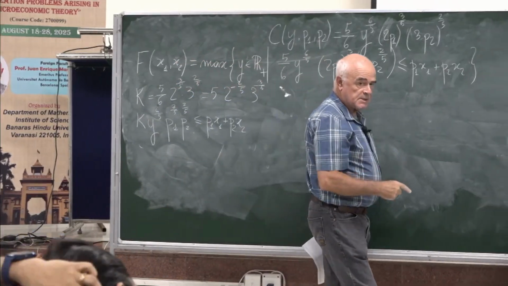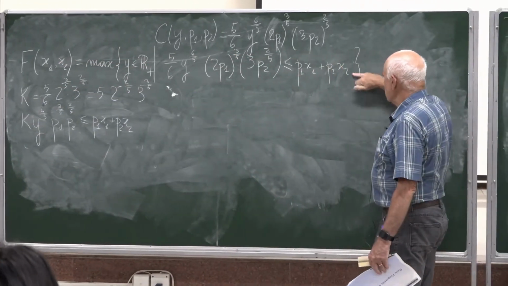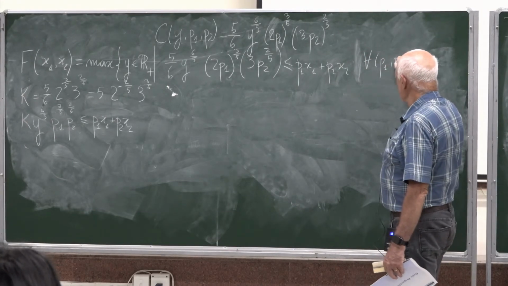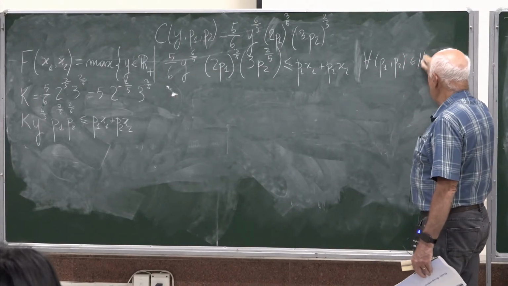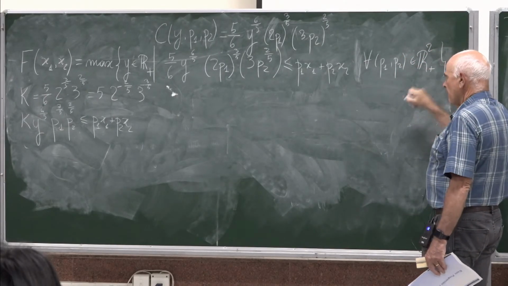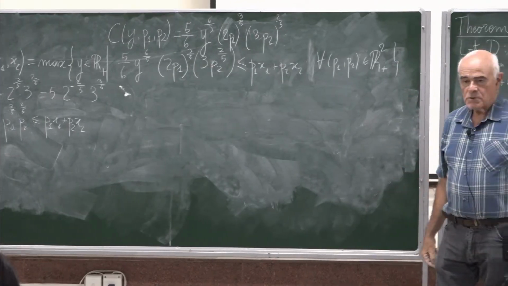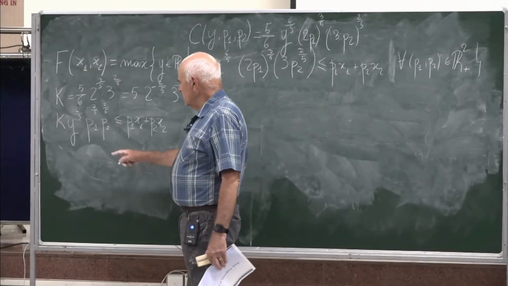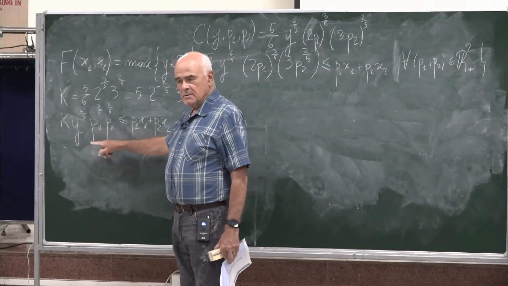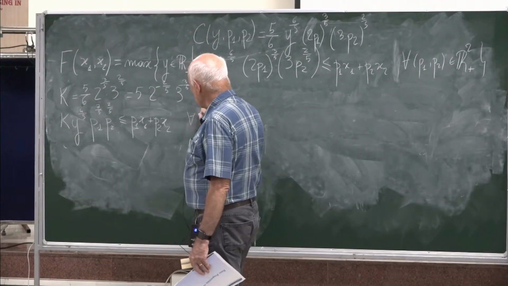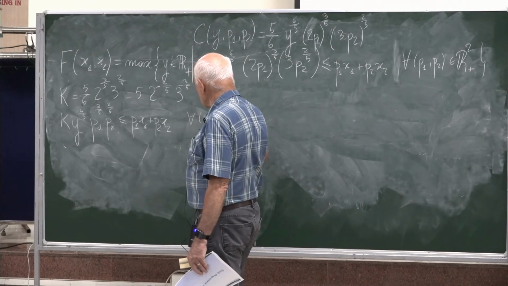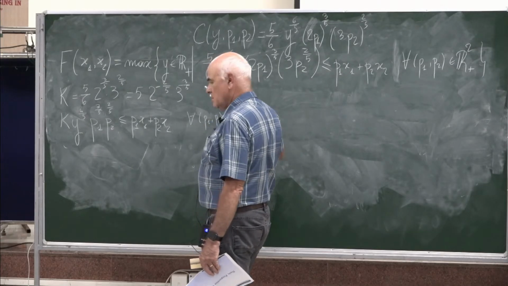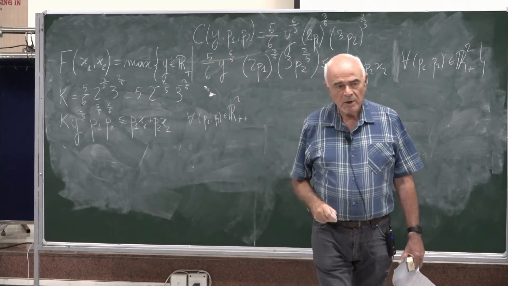This is incomplete. This is for every P1, P2. Okay? That was the definition. So I have to maximize y under infinitely many constraints, because there is one constraint for each price vector P1, P2.